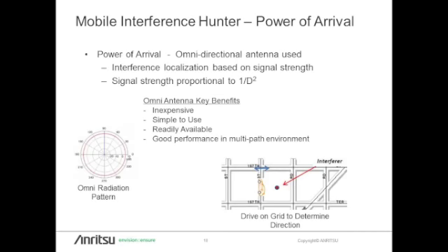And so we'll look at omni radiation. Very, very simple. You see on the left, and the simplicity is really the good part of the system. No matter which way the radiation is coming towards your antenna, it's received identically. So the system works on a power of arrival basis, based on the signal strength.